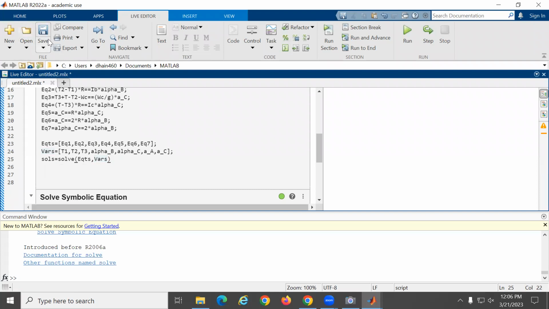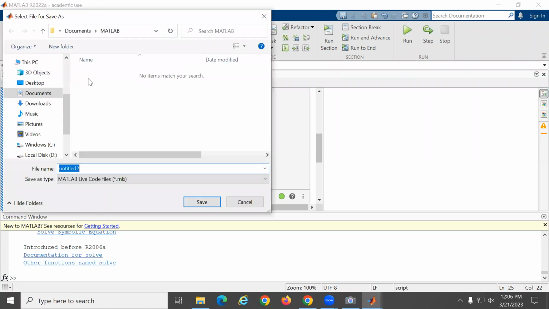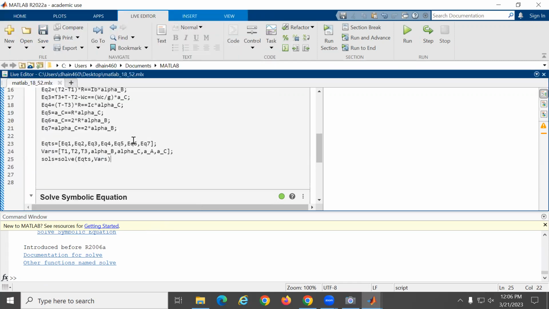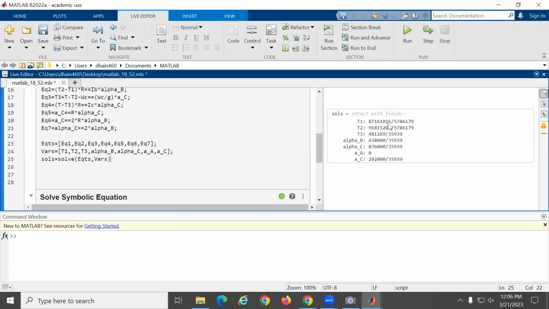Okay, now is when you need to do it. What was this problem? 1852, something like that? And now to run it. Okay, what happens is that this is when it goes symbolic, which is a pain.